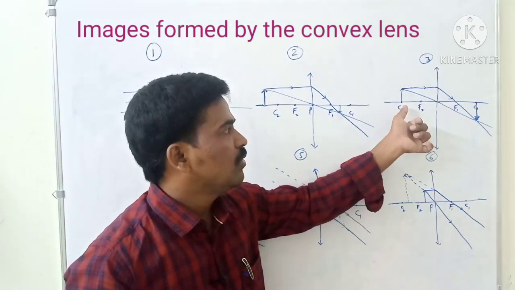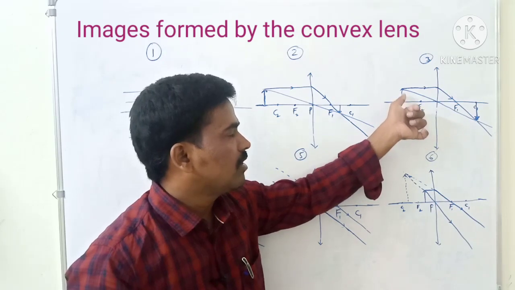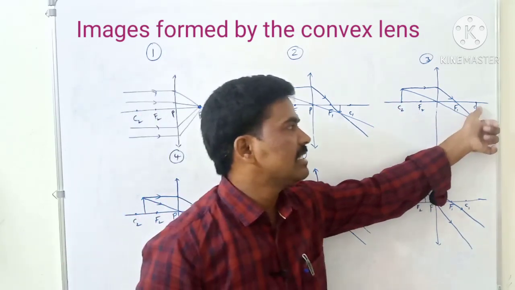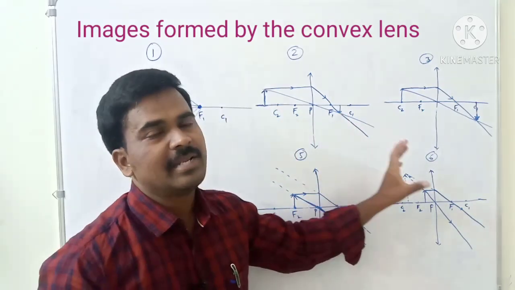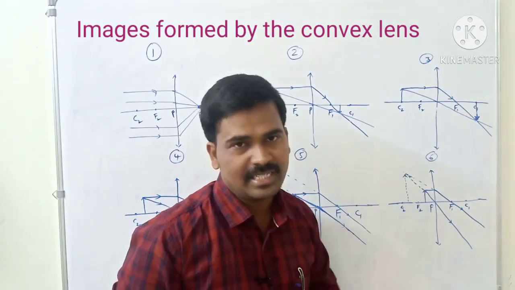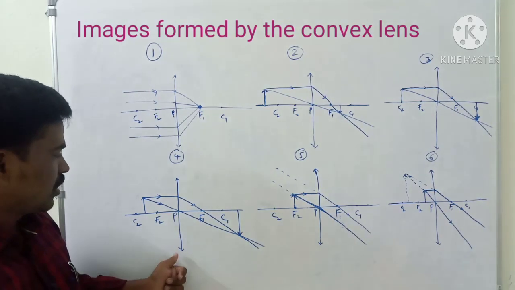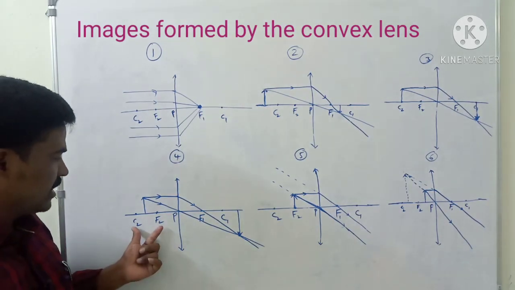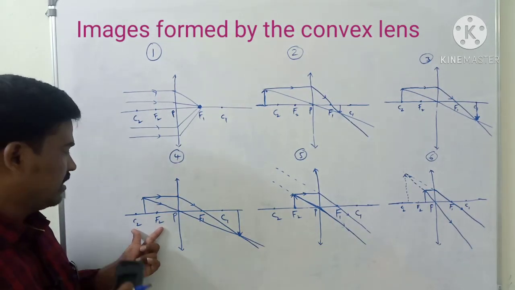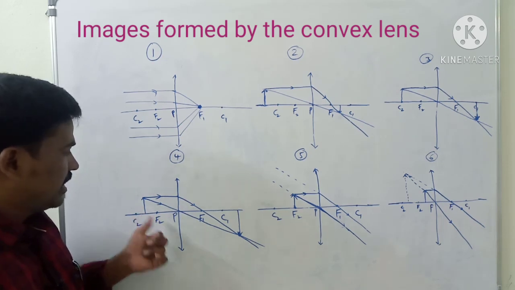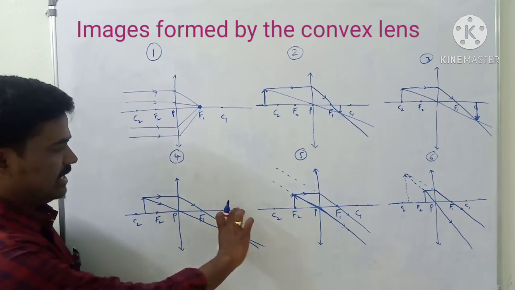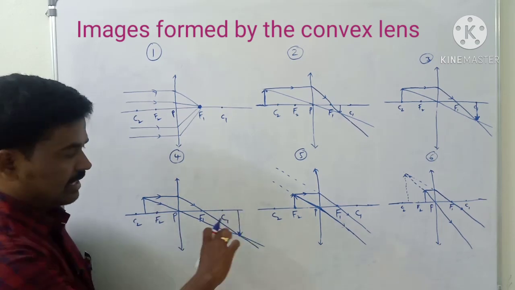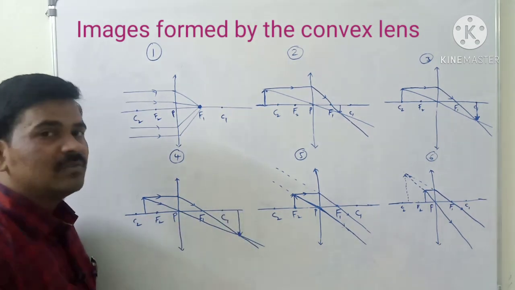On C2: when you put an object on C2, you get the image at C1 and nearly equal in size, and that is a real image and it is inverted. Next, the fourth place: in between C2 and F2, we get the image beyond C1, and it is magnified, real and inverted.